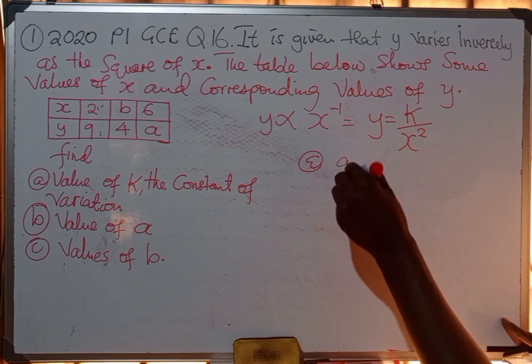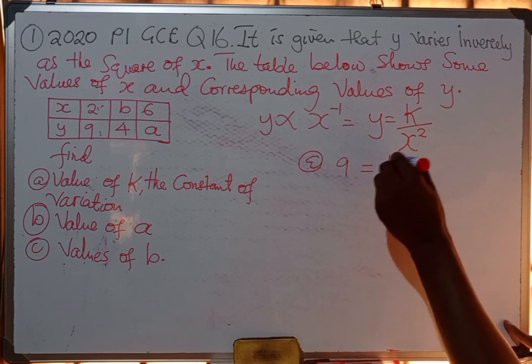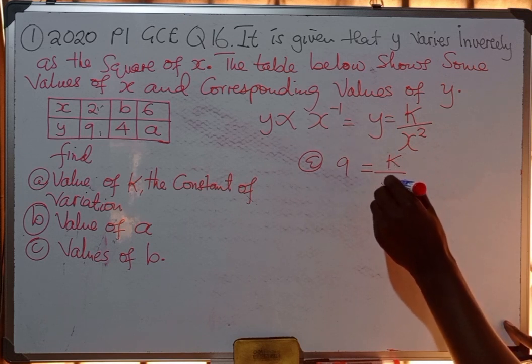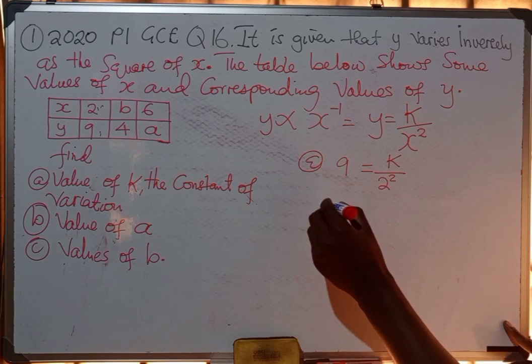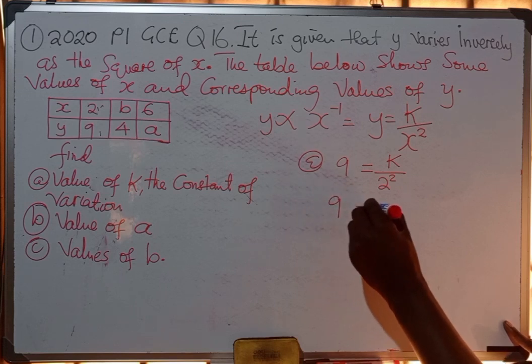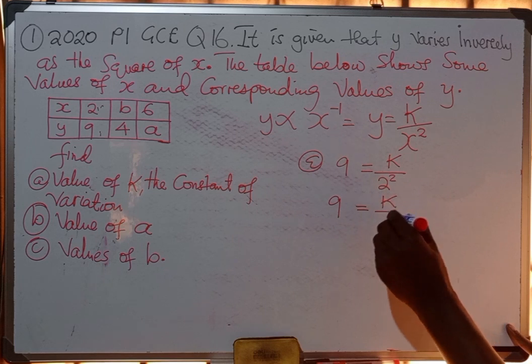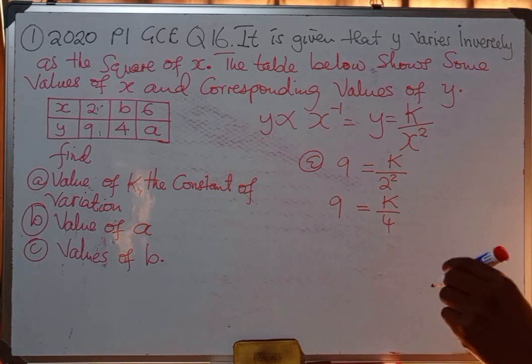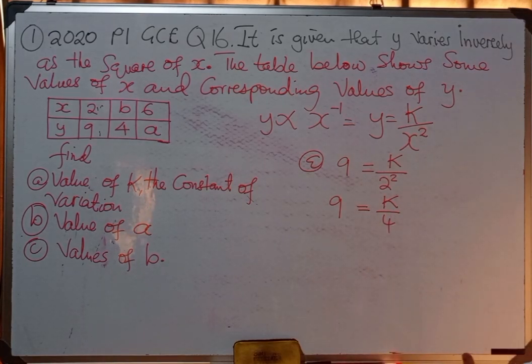So I'll put 9 where there's y, then I will say is equal to k over the x. I'll write 2 squared. So we are going to have 9 is equal to k over 4, because 2 squared is 4.